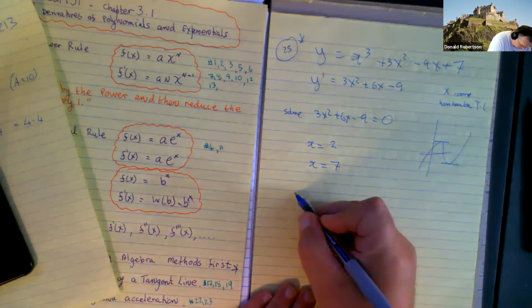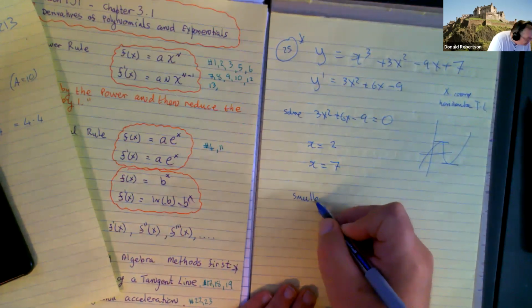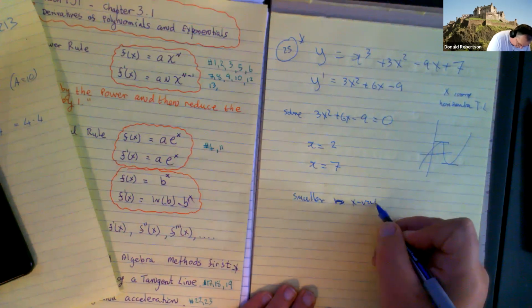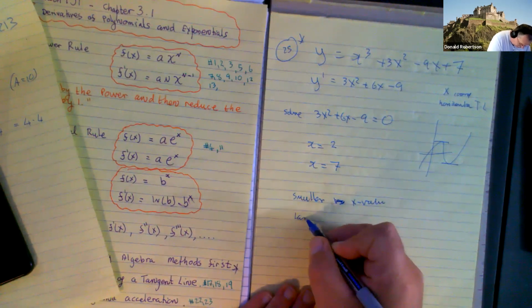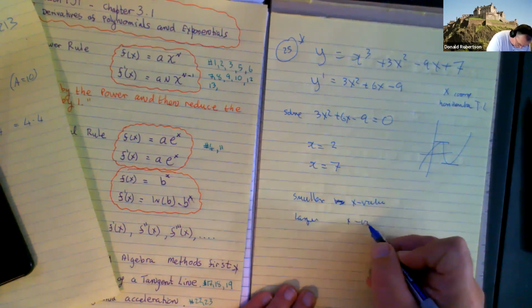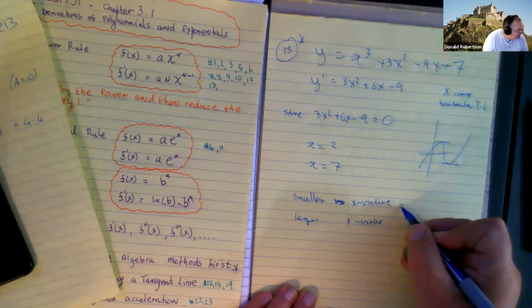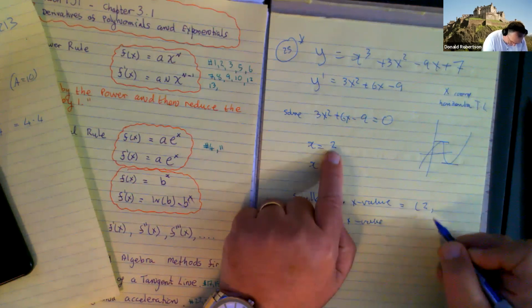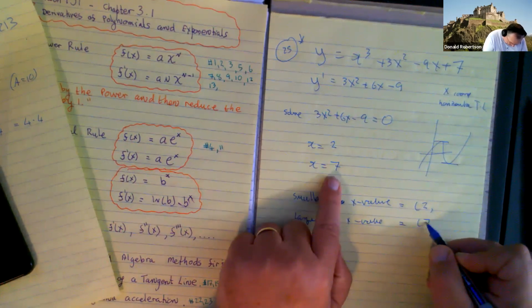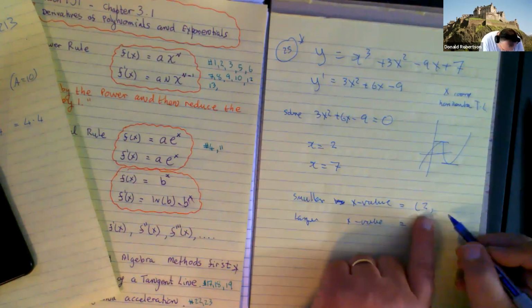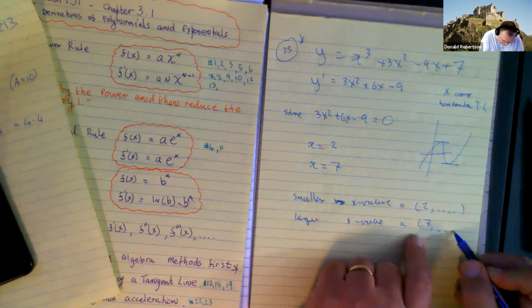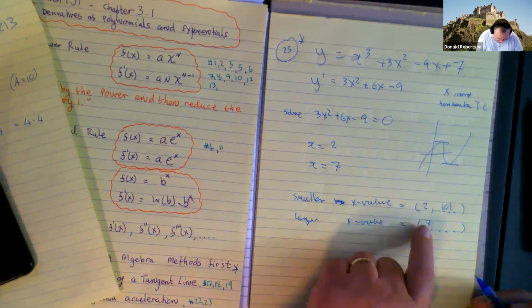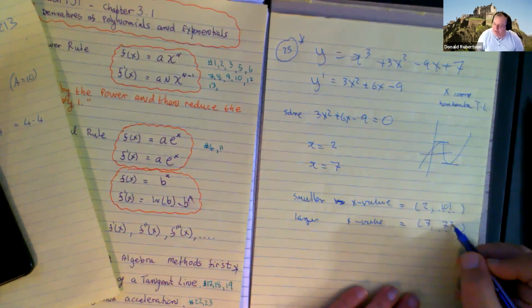Then in WebAssign, they say the smaller x value, and then they have the larger x value. The smaller x value was 2, and the larger x value was 7. And then you're meant to calculate the y coordinate in each case. So your answer will be 2, 101 and 7, whatever it is, 73.